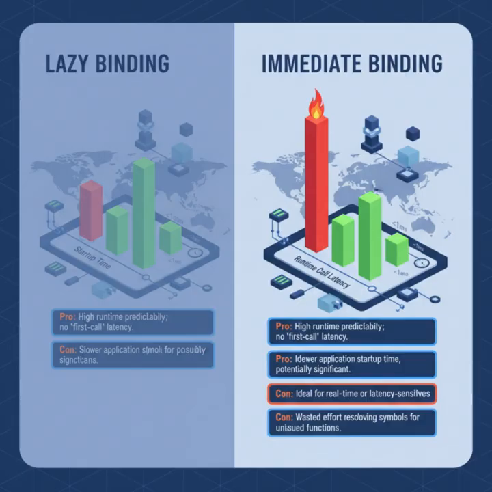The con, however, is a significantly slower application startup. For large applications with thousands of symbols and numerous dependencies, this initial loading phase can become a noticeable delay for the end user. Furthermore, it might resolve symbols for functions that are never even called during a particular run, performing work that provides no value.